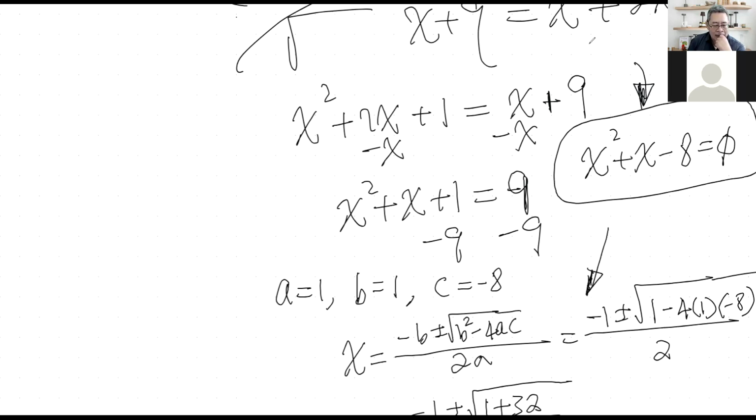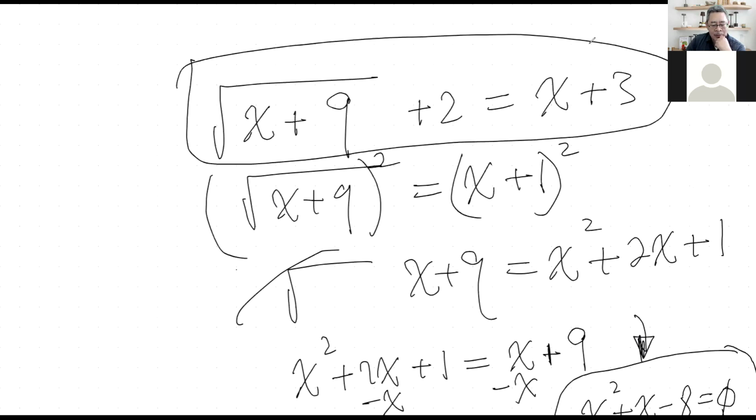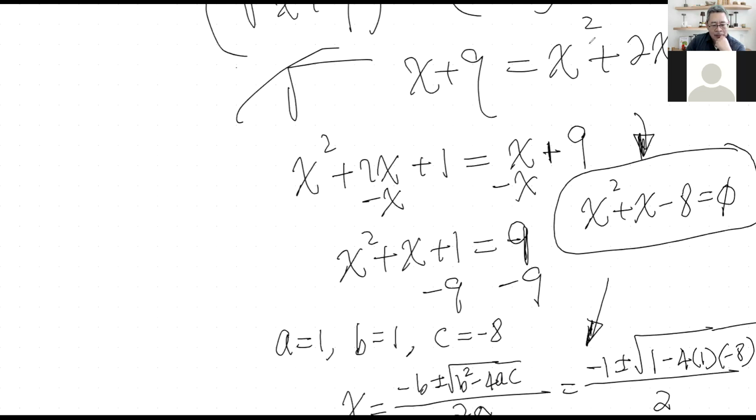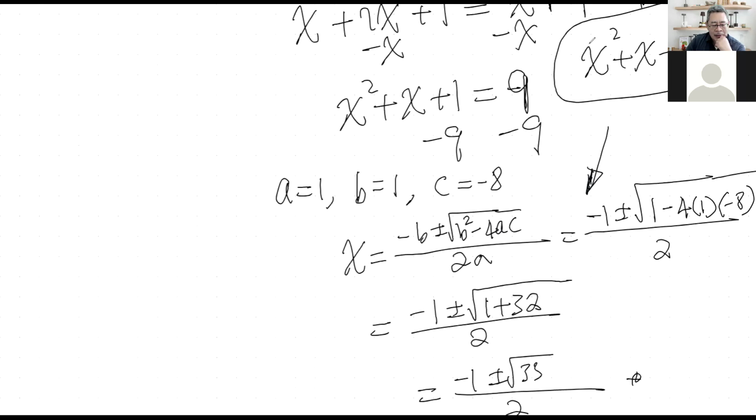Then is that the first part, just your formula? Well, the first part is to convert the radical equation into a quadratic equation. Yeah, I understand that, but then down at the second one is x equals minus b plus or minus the square root of b squared minus 4ac. That's a quadratic formula, right?